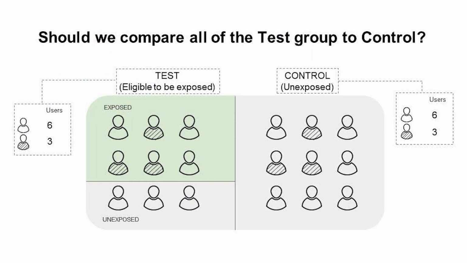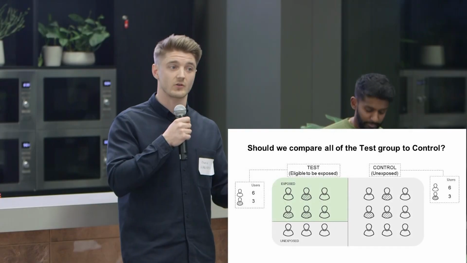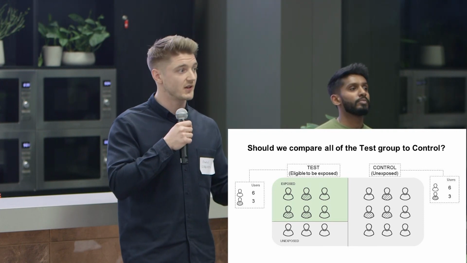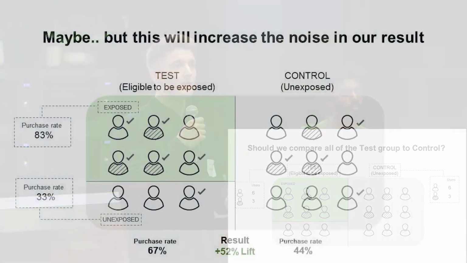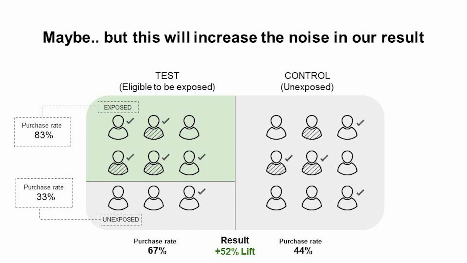So what's the alternative to this then? Should we just compare everyone in our test group to everyone in our control group? We've randomly sampled these groups, so they should be balanced. So this should have controlled for the effect of t-shirt type here. The challenge with this is that it's likely to increase the noise in our result. We've diluted our test group with people who are unexposed.